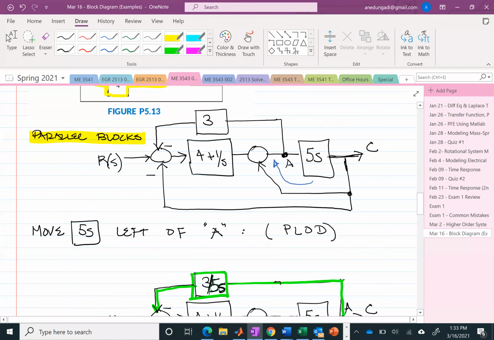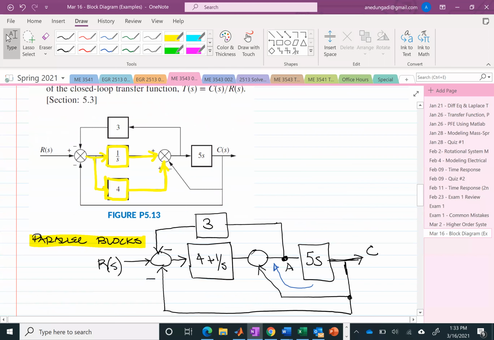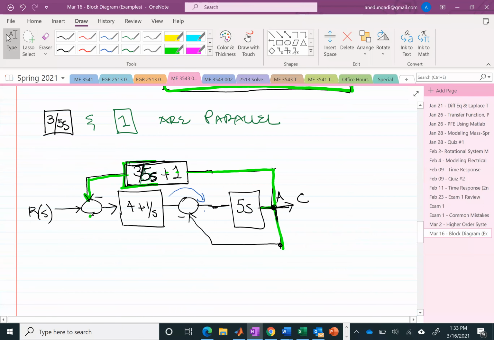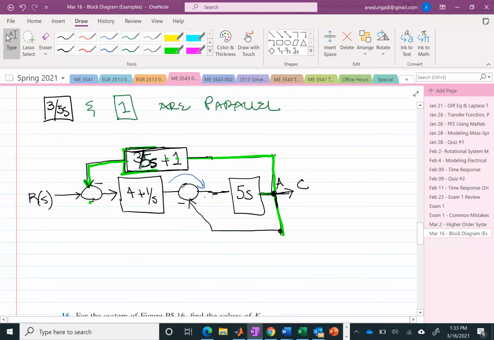The original block diagram had negative, negative, and negative. Okay. So I'm going to move that to the right of the summation. So sum right input, divide.